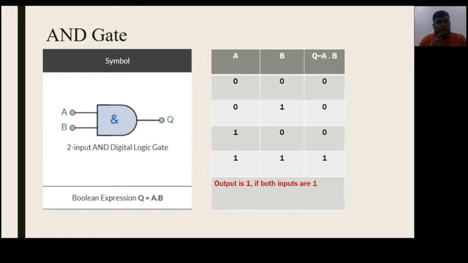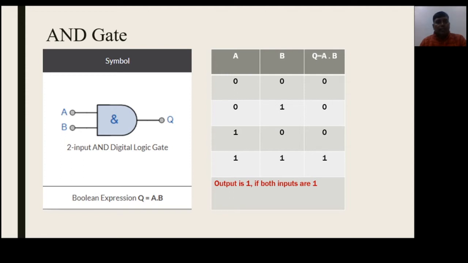AND gate. Okay, the symbol is represented by this, and we use dot operator to show the output of AND gate. As you can see, Q is equal to A dot B. Okay, there are two inputs A and B and four different combinations of inputs: 0 0, 0 1, 1 0 and 1 1.